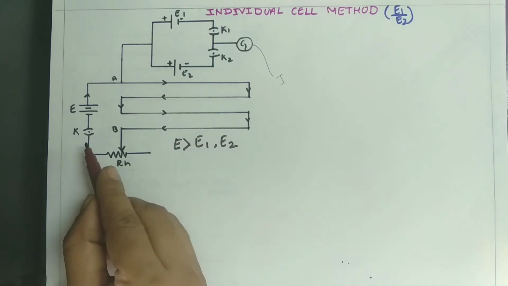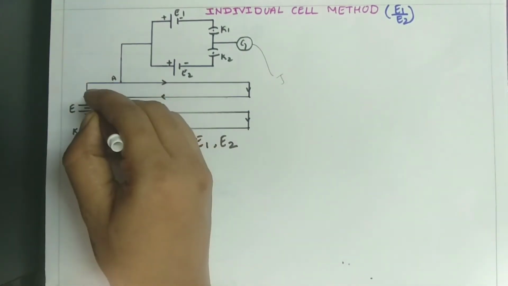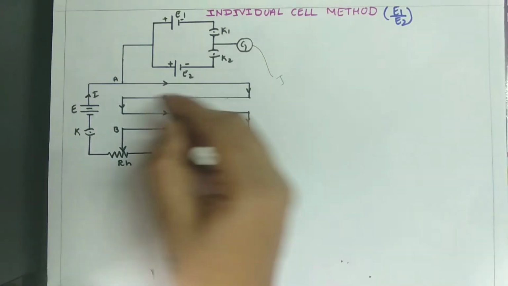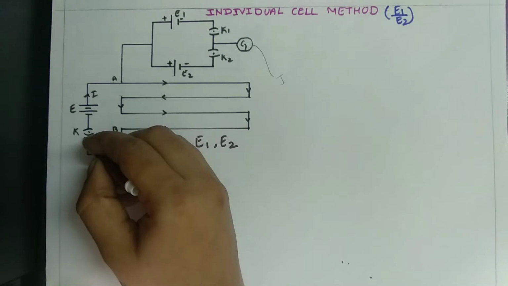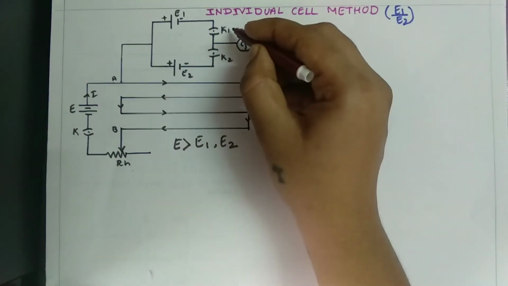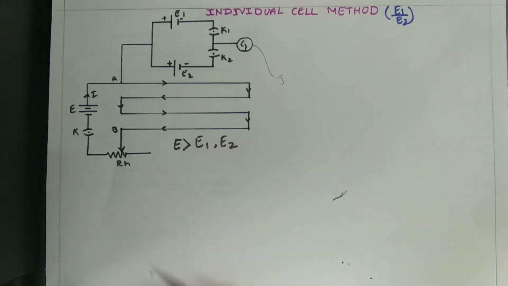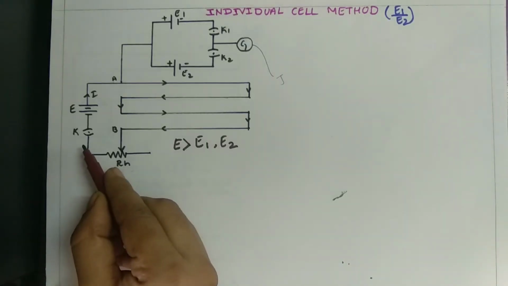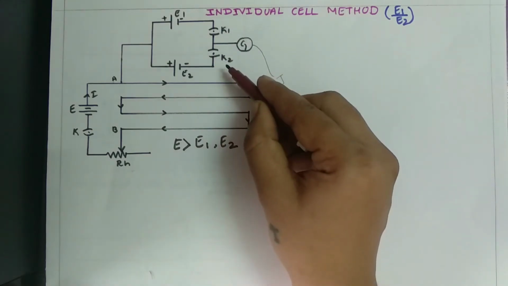When key K is closed, the current I starts flowing through this potentiometer wire. With K closed, K1 is also closed, but K2 is kept open.